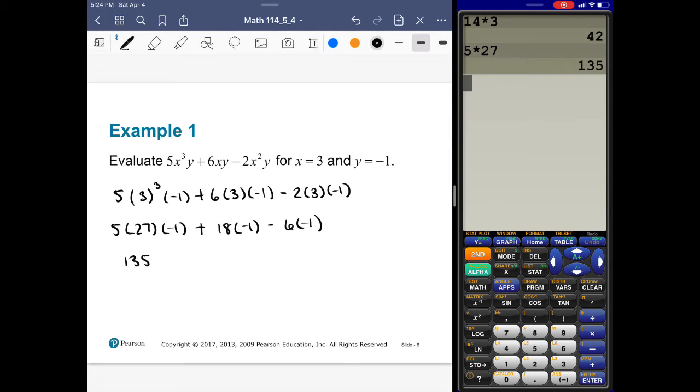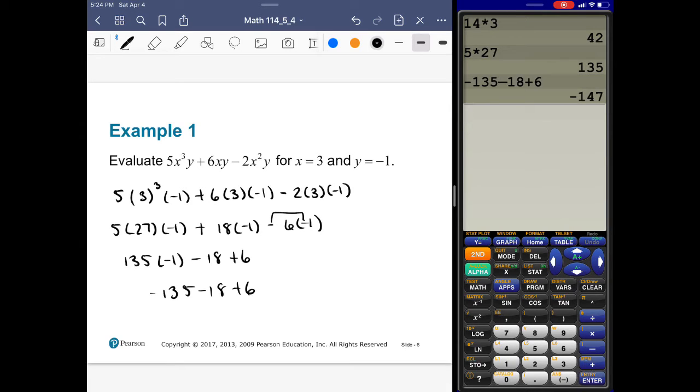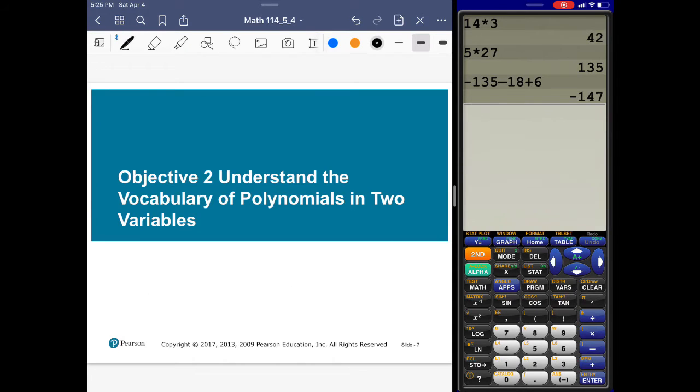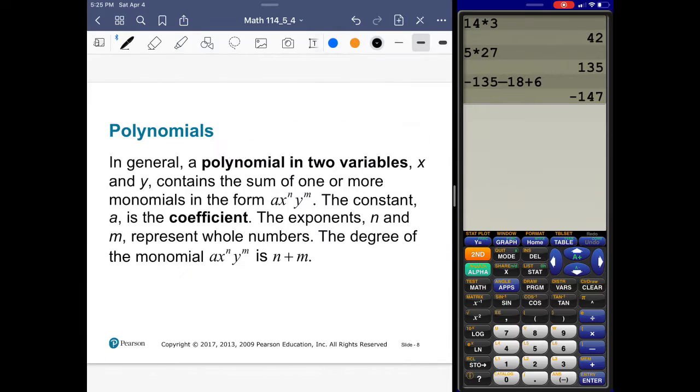So 135 times -1 plus minus 18 plus 6, because of negative times a negative. So I have -135 minus 18 plus 6, which equals -147.